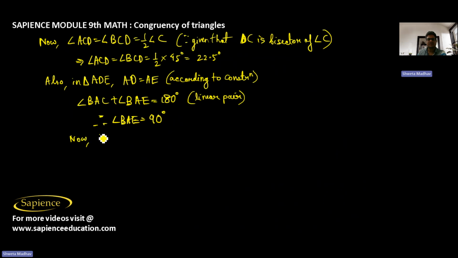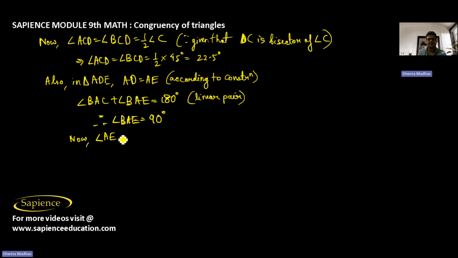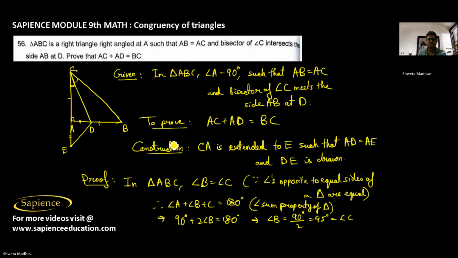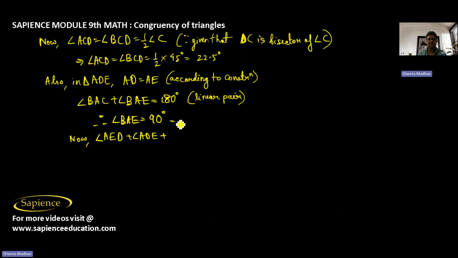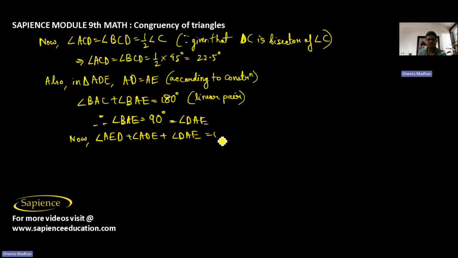Now we can say that angle AED plus angle ADE plus angle DAE, and BAE and DAE are the same thing actually, is equal to 180 degrees, according to the angle sum property of a triangle.